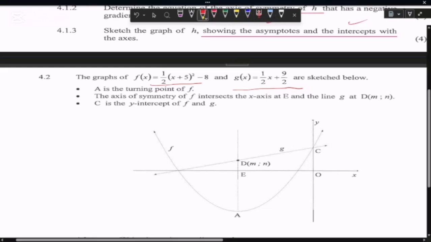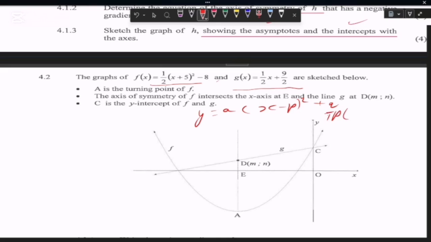So you see that they gave us an equation of this form: y is equal to x minus p all squared plus q. Now the p in this equation is negative 5, and the q is negative 8. So from that we know that the coordinates of the turning point are given by x is equal to p, y is equal to q.